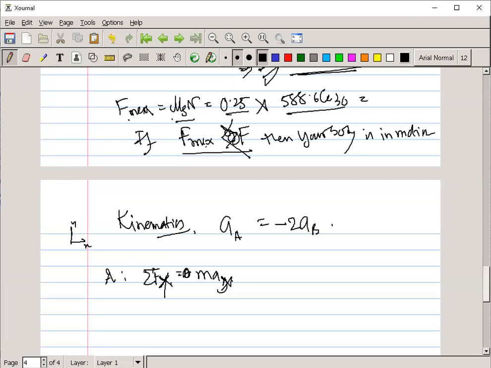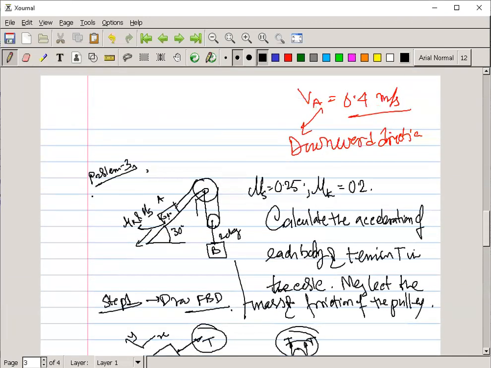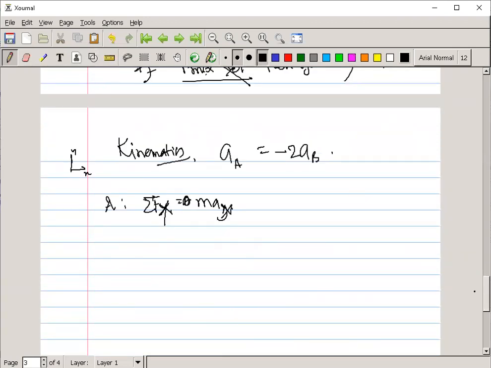Let's see our body. Take this one as the x, this one as the y. So for block A, summation of fx minus m into ax is equal to 0.